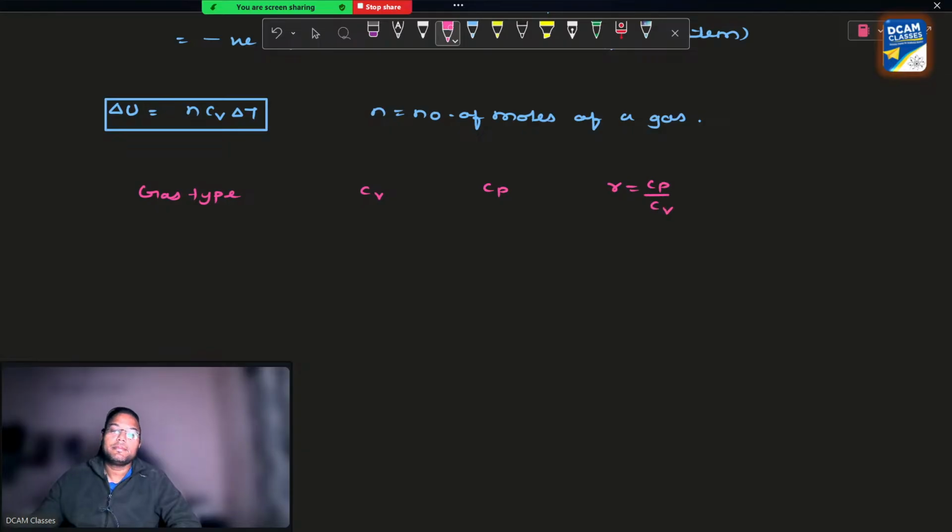These values you should remember at least. There is a relation also, Cp minus Cv is equal to R, where Cp is the heat capacity at constant pressure.